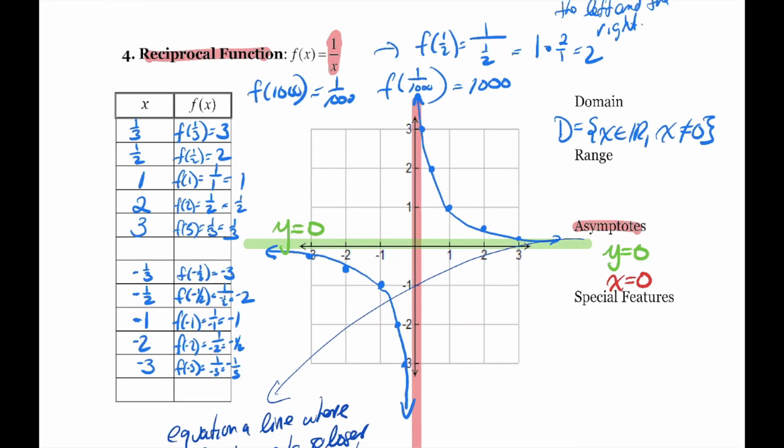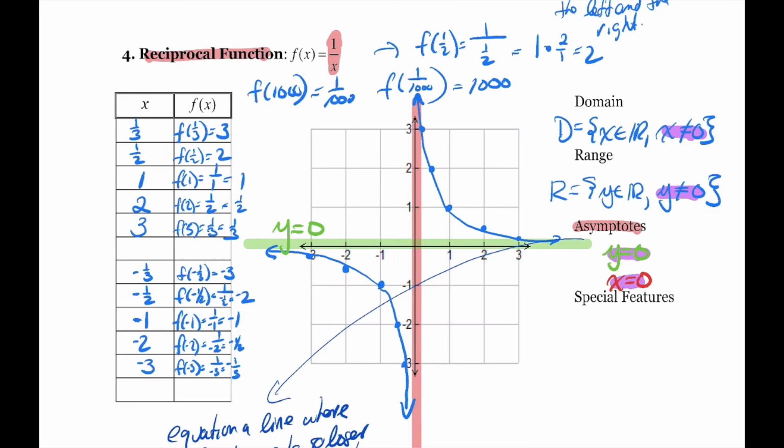In other words, we cannot divide by 0. The range, in this case, well, we can get all possible answers, except that we can never get the answer 0. So hopefully, as I write that out, you can see that there's a direct correlation between the restrictions, or what answers we can get, and our actual asymptotes.